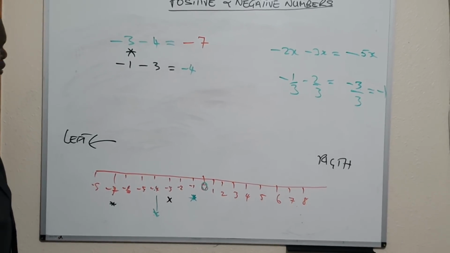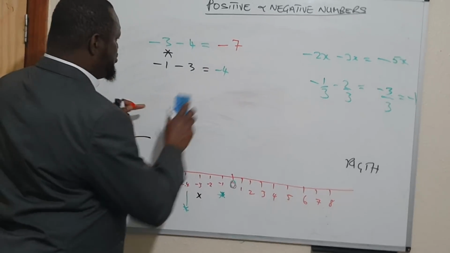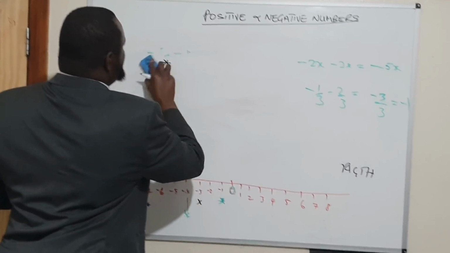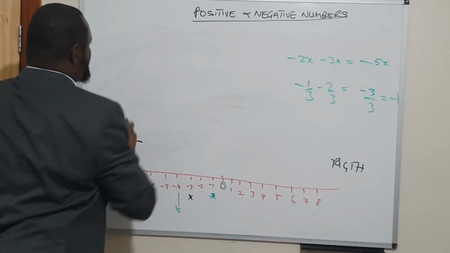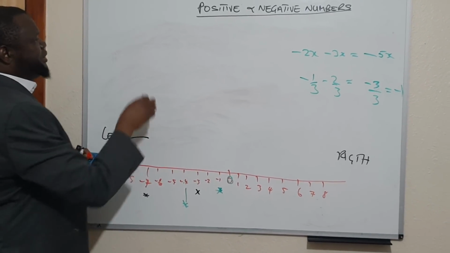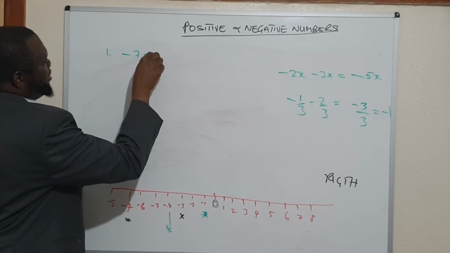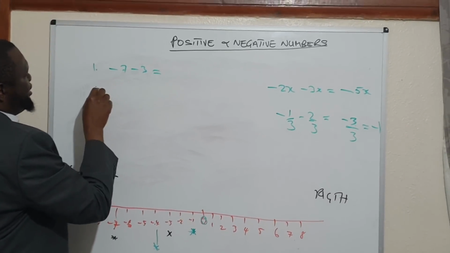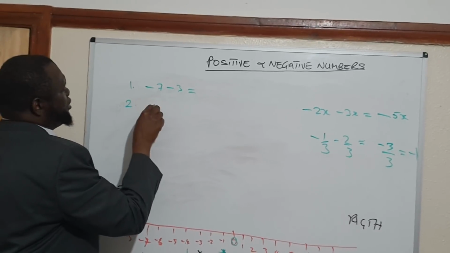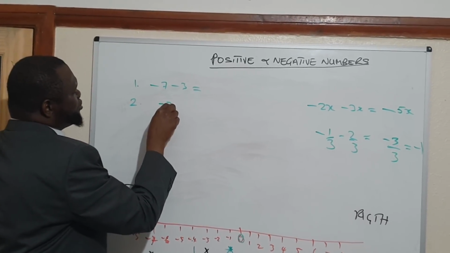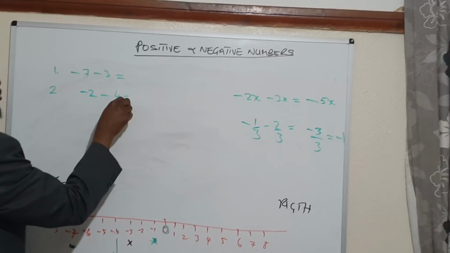Now, let's do a few more questions on this one and then we stop there. We don't want to have a big lesson. Number 1, minus 7 minus 3. Number 2, minus 2 minus 4.